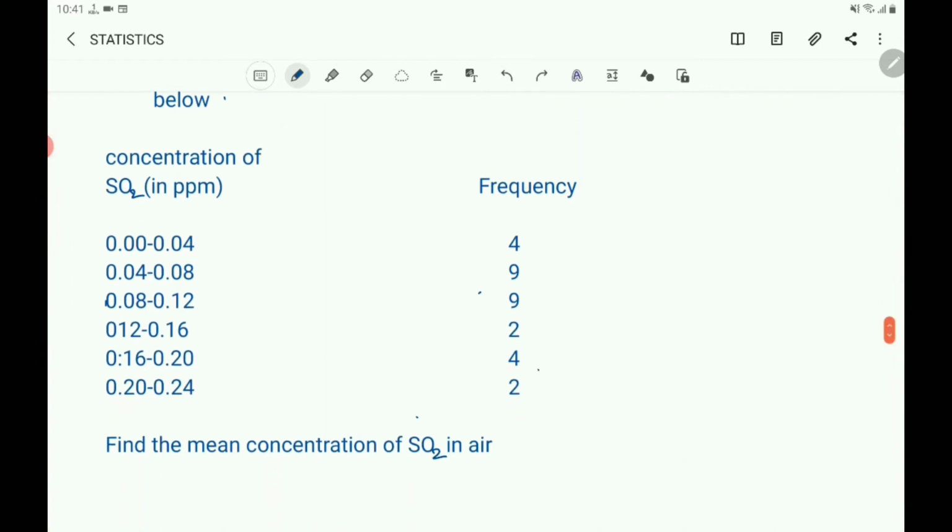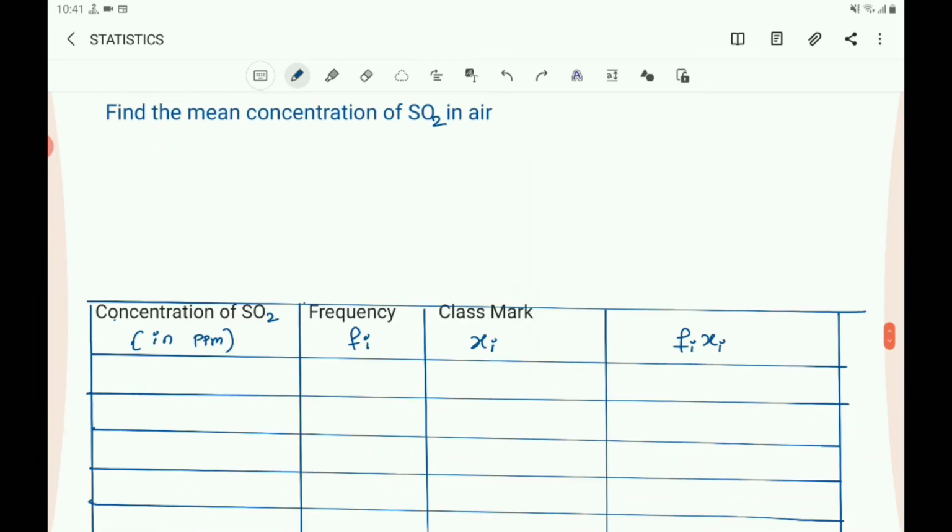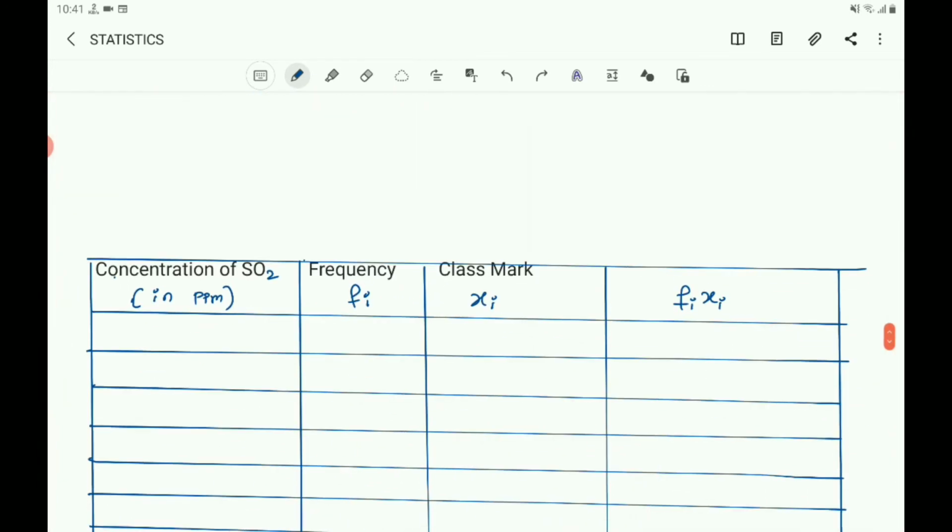Here what you have to find out? Find the mean concentration of SO2 in air. Now you take the given data, that is, the concentration of SO2 in the first column and the frequency, that is the number of localities, in the second column.